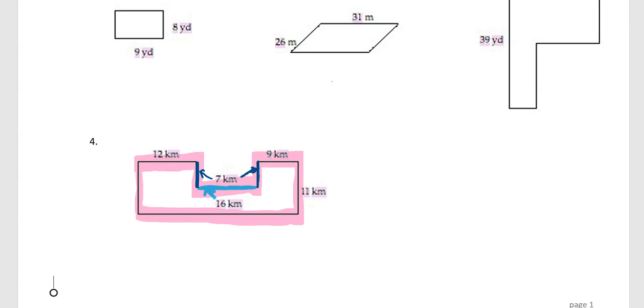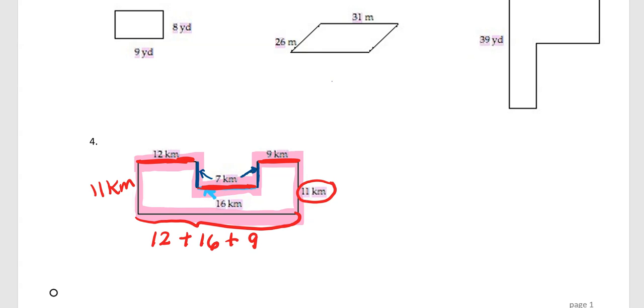So I'm going to grab my little red pen here and recognize that if this side here is 11 kilometers, this side over here is also 11 kilometers. And this side is going to be the sum of those 3 lengths across. Sometimes people will confuse that 7 in there, but the 7 is really meant for the vertical sides. So this is going to be 12 plus 16 plus 9, giving you a grand total of 37 kilometers along this bottom side.